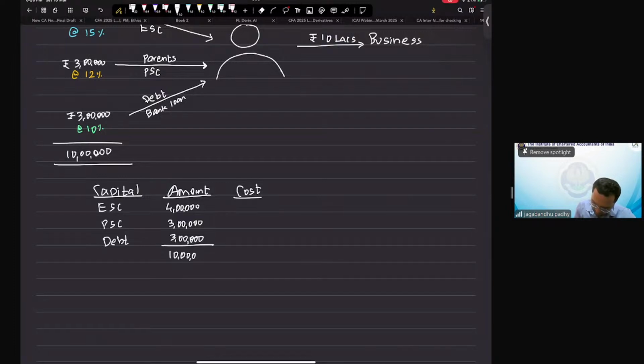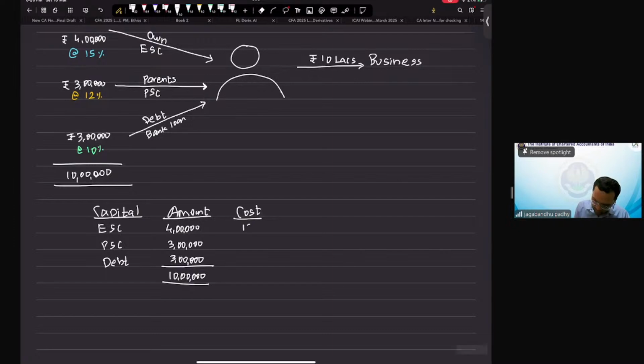Total is 10 lakh. Okay. Then we have the cost. Equity share capital has got a cost of 15%. Preference share capital is a cost of 12%. And debt is a cost of 10%.